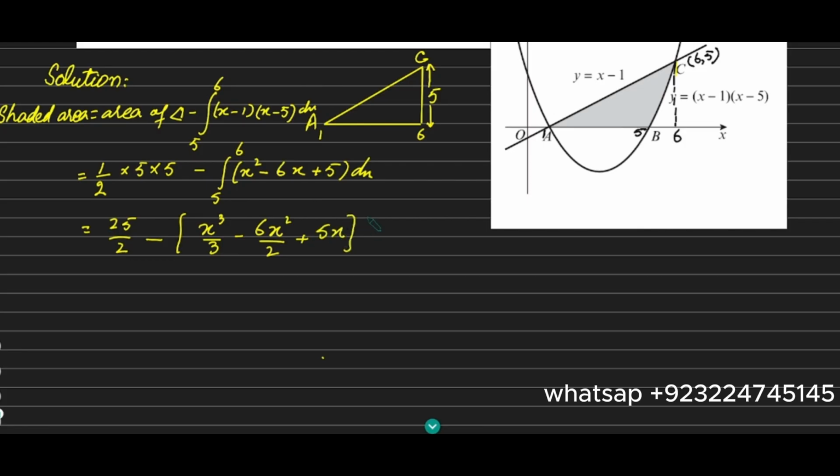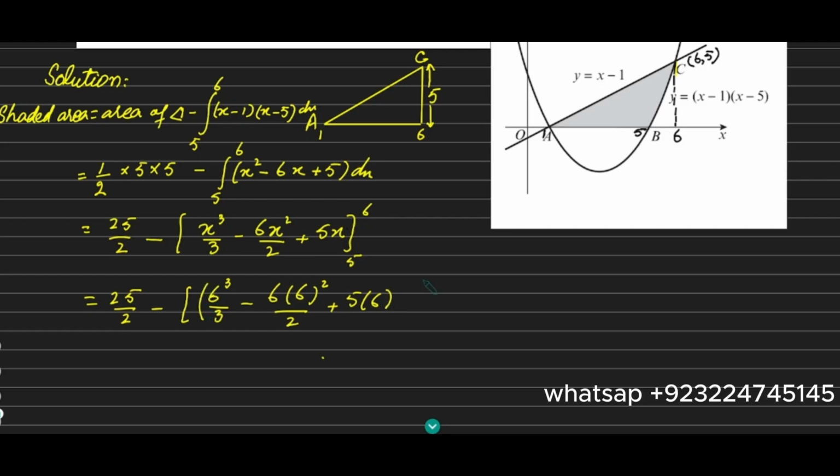When we find this integral, we will apply limits 6 and 5 and then solve it to find the shaded area. 25 by 2 minus, we will apply the limit: 6 cubed by 3 minus 6 into 6 squared by 2 plus 5 into 6.